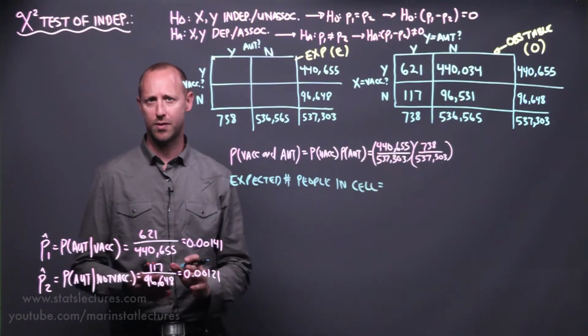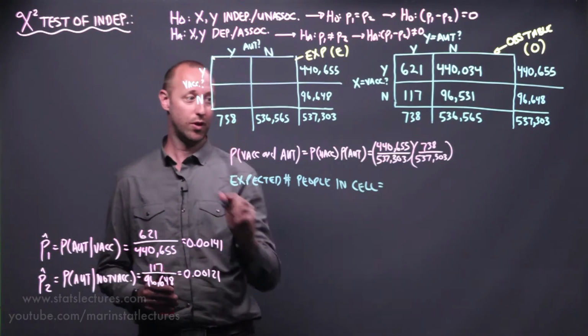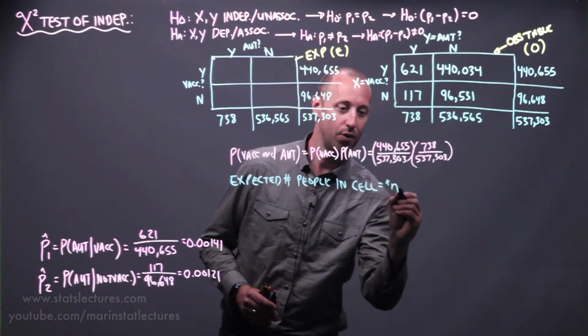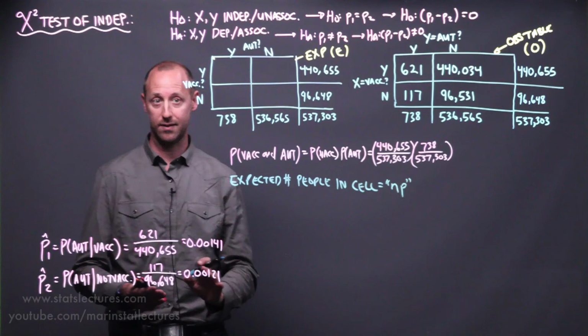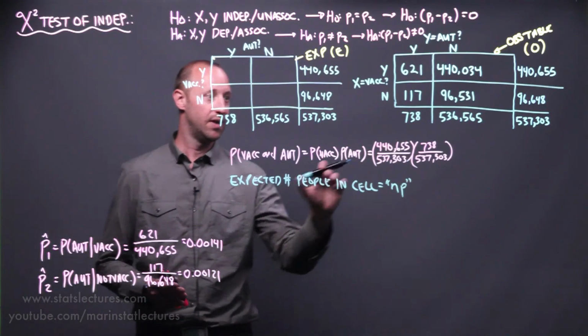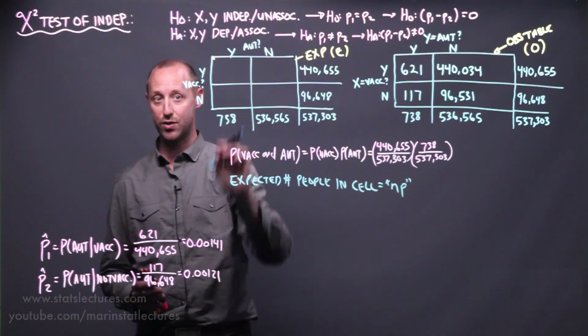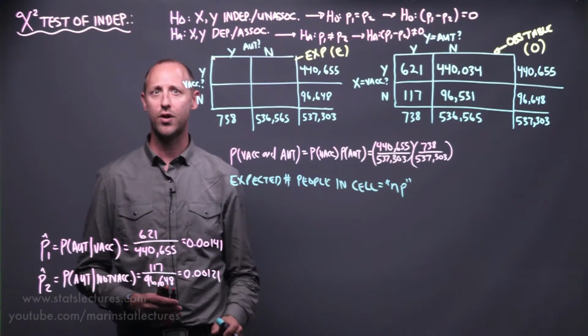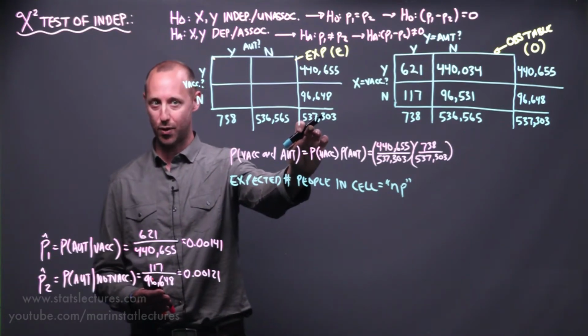Now you may recall from earlier stuff you've learned that to find expected number, we're going to look at the total number of people in our study times the probability of falling in that cell, or N times P. So again, this here tells us the probability of an individual falling in that cell, and if we want to know how many we expect to fall in that cell, we're going to multiply it by the total number of people.